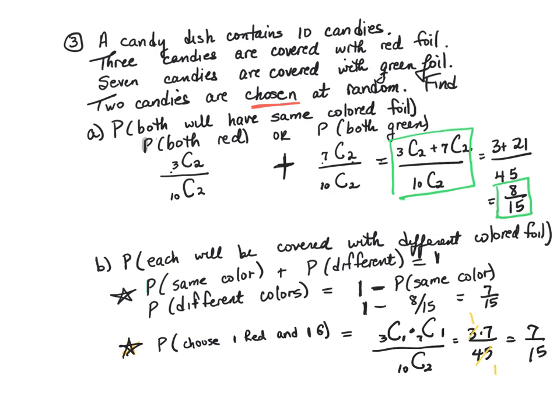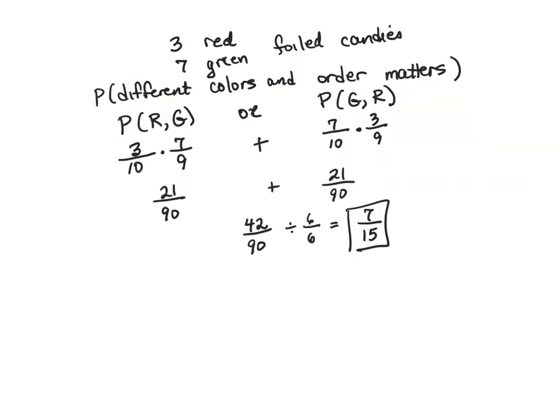And that could be a little confusing because here order does not matter. But if we go back to permutations and redo this problem, so again, the probability that we have different colors when we pick two candies and order matters, I would consider the probability of the first red and the second green, or the probability of the first green, second red.